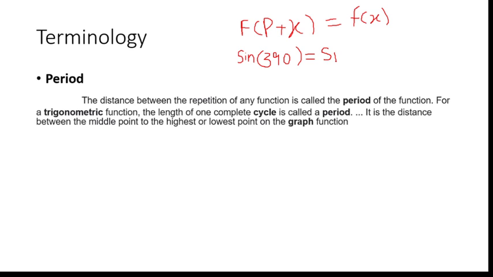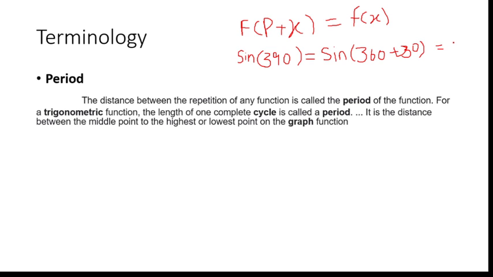So we separate the period and write it as sine 360 plus 30. Because 360 is the period of this function, we just write sine 30, which is the same as sine 390, okay?